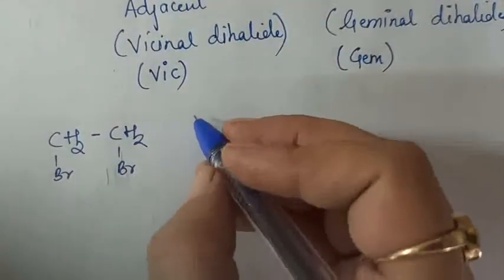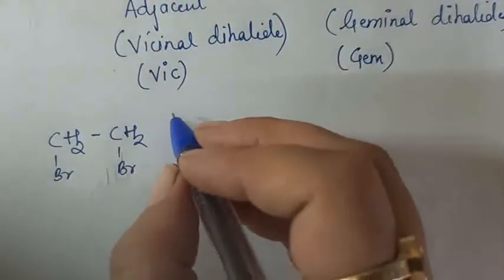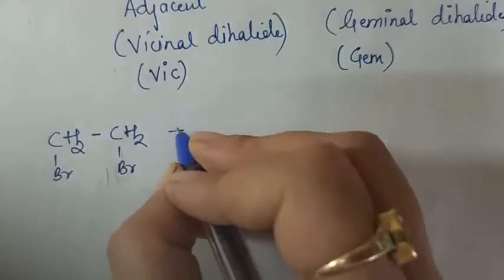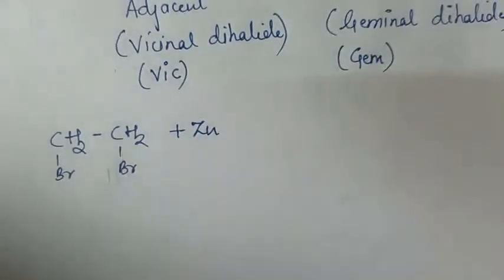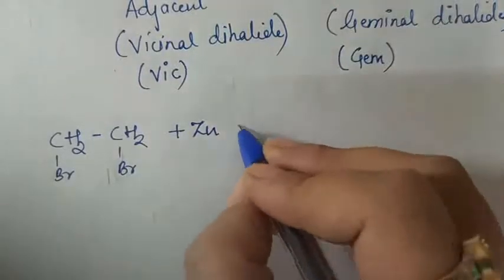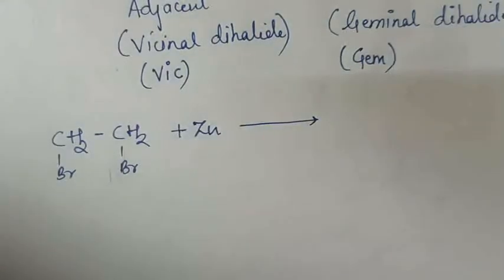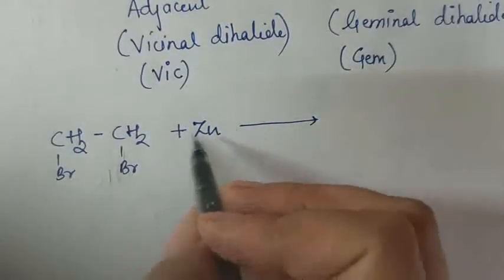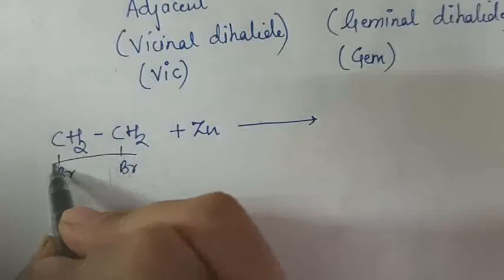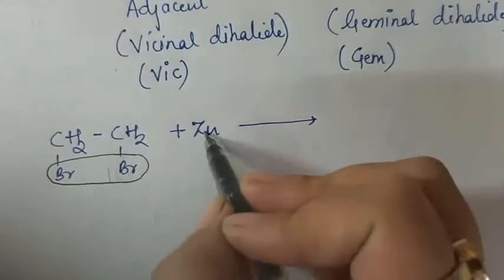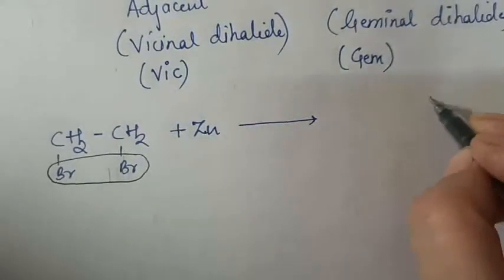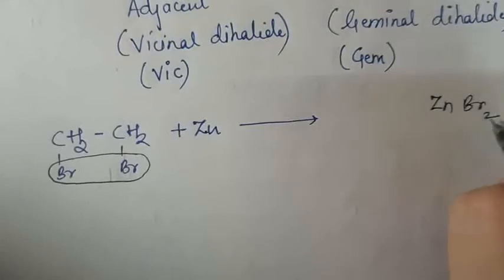When they react with zinc, they will be forming alkenes. How? What is going to happen in presence of this zinc? These two bromine will go and join this zinc and a byproduct will be formed, that is ZnBr2.